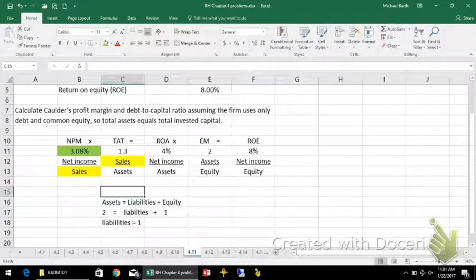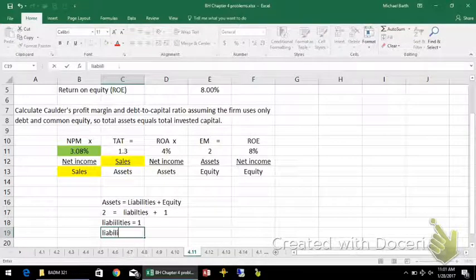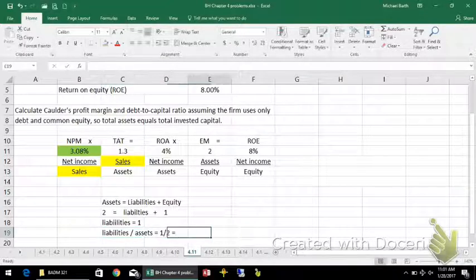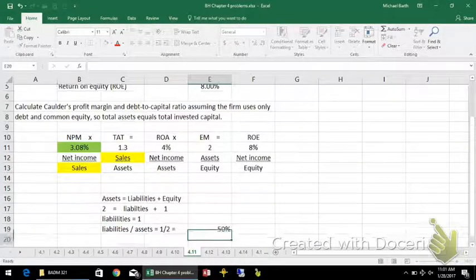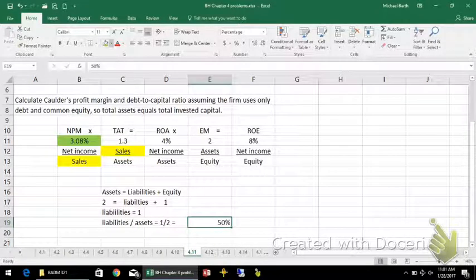All right. So to get the debt ratio, what I want is liabilities divided by assets. That'd be equal to 1/2, which is 50%. All right. Tortured language, but fairly simple problem.